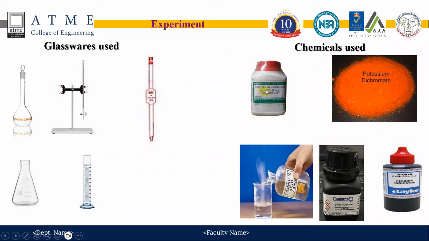Here the ferrous ammonium sulfate will be the standard solution we are going to use, and potassium dichromate, and we are going to use sulfuric acid because potassium dichromate acts as the oxidizing agent in presence of sulfuric acid, and silver sulfate acts as the catalyst to enhance the degradation of organic compounds. Ferroin indicator will be used to identify the endpoint of the reaction.